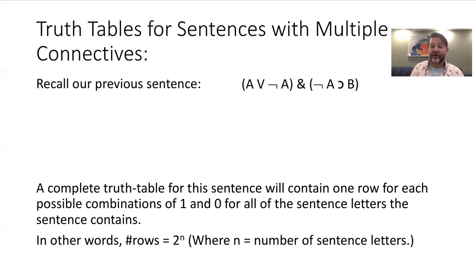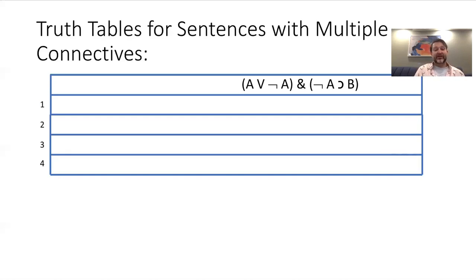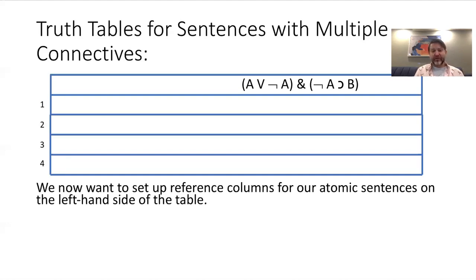So the number of rows that we need is 2 to the power of n, where n is the number of sentence letters. And since there are only two atomic sentences here, two sentence letters, then we get 4 rows, okay? Now, on the left side of this table, we're going to set up reference columns for our atomic sentences. And so that'll look like this. So we have A and B. Those are the two atomic sentences that go into composing this complex sentence.